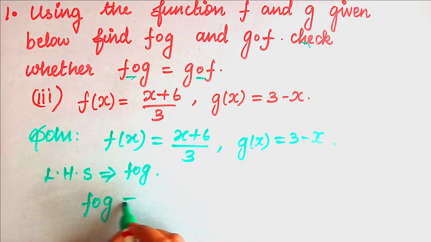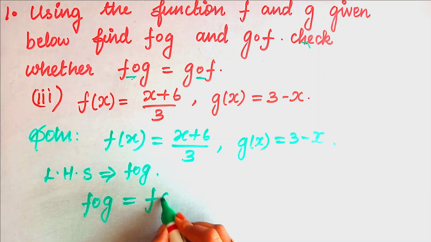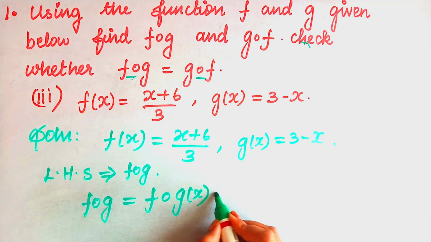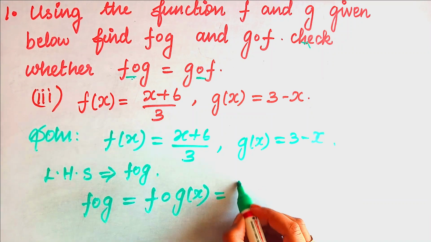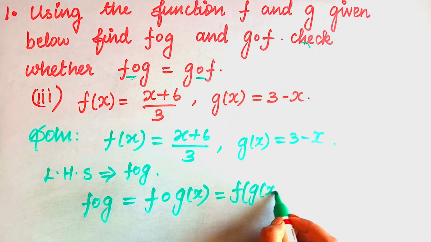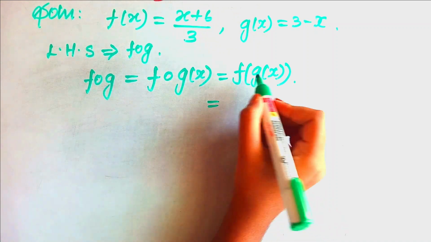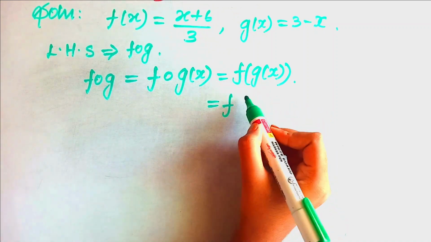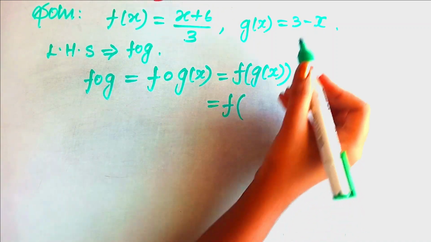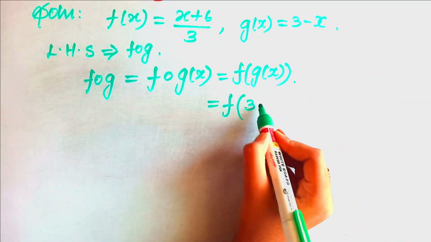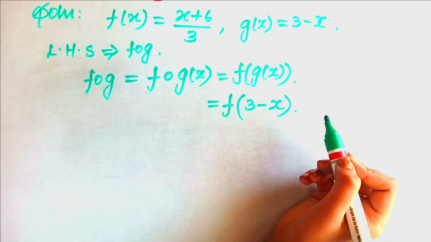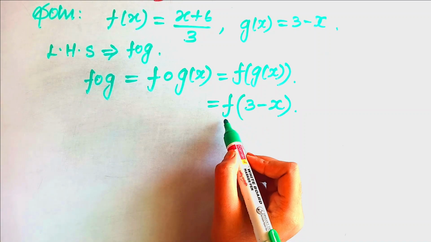f∘g of x, by the definition, can be defined as f of g of x. Now let's write the given part, which is g of x. g of x is given as 3 − x, right? Now for this we have to find the function f.